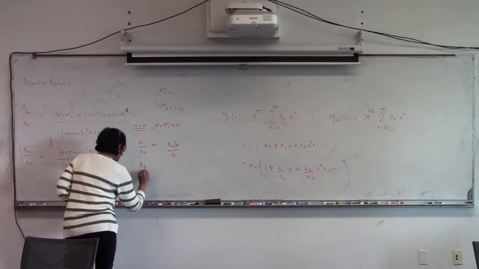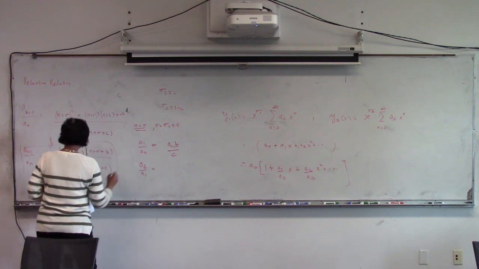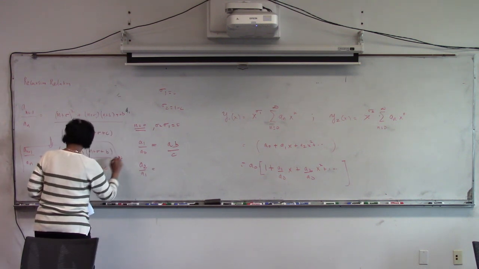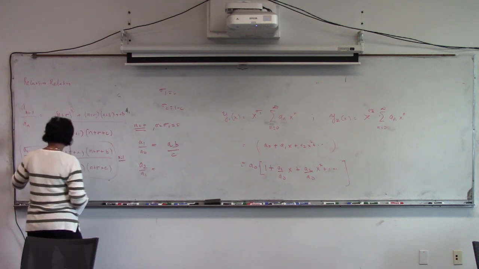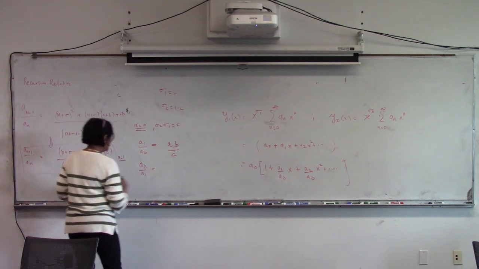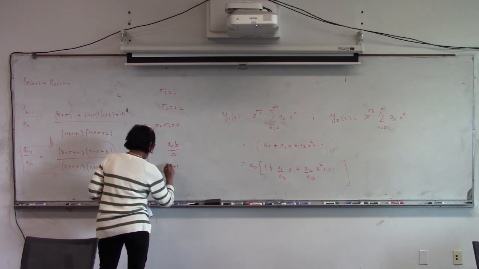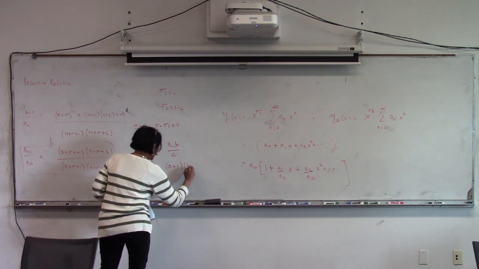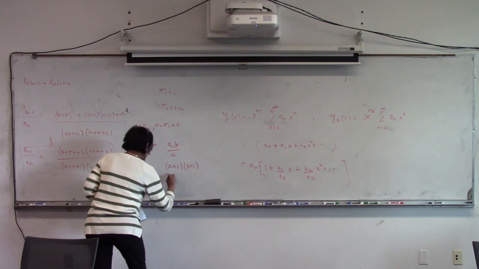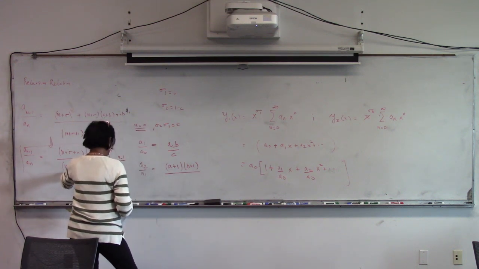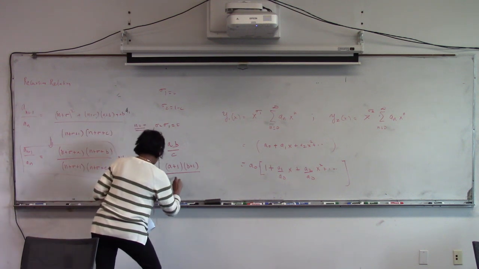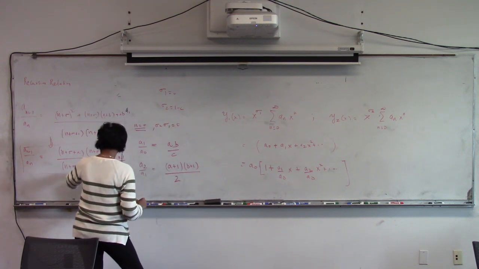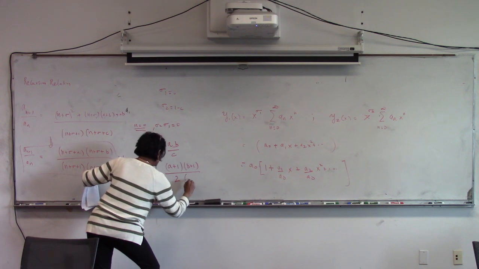And a2 over a1 is what? n equal to 1, right? So that is giving me what? a plus 1, b plus 1 divided by n equal to 1, so it is 2, and this is nothing but c plus 1.